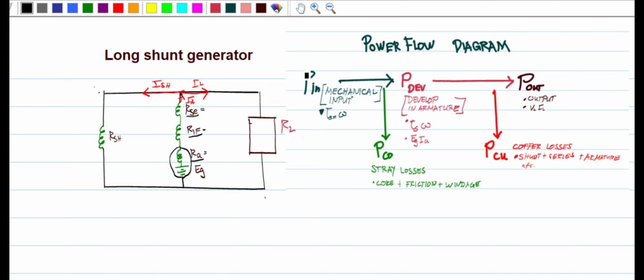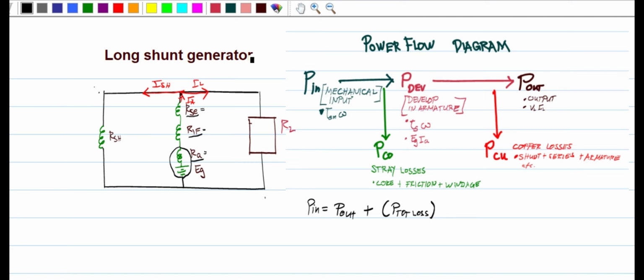Then to find the P in from the power flow diagram, P in is equal to P out plus the total losses, P total loss.